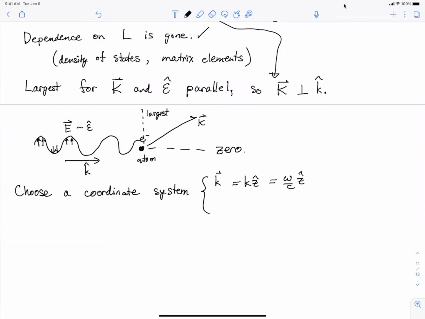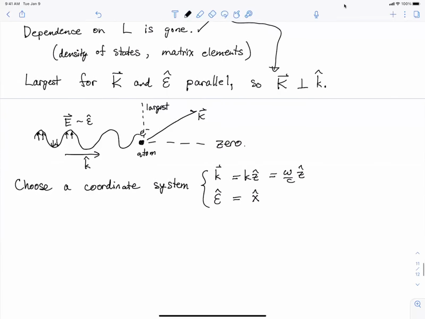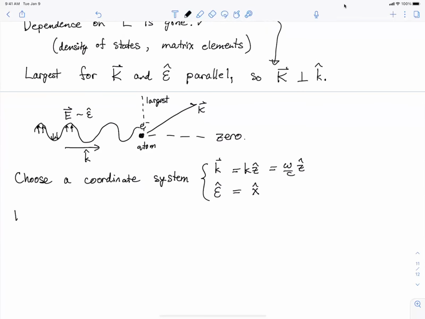Okay, so little k is that. And let's choose our polarization. It has to be perpendicular to the z hat direction. So let's choose it to be x hat. We could easily choose it to be y hat, but x hat's just as good. Okay, and from now on, theta and phi mean the final theta and phi for the direction of the capital K vector.